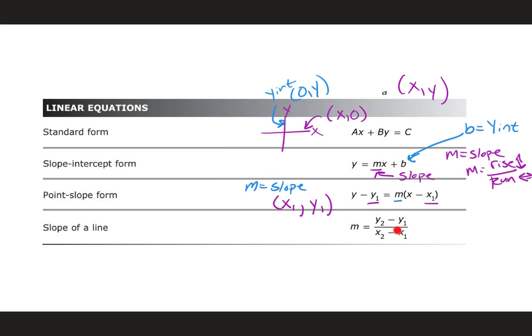And then a slope of a line. So m equals y2 minus y1 over x2 minus x1, right? And we also remember that slope, so m, slope of a line, this is just regular, we'll just call him slope. What other words can we use for slope? How about rate of change?